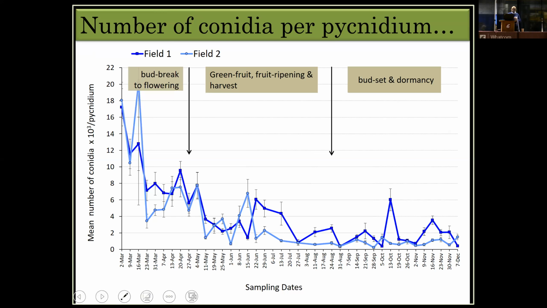You only see a few conidia in each Pycnidium. That indicates that most of the infection is taking place during bud break and flowering time. Then in the summer, you don't see very many conidia. They are almost flat. So it indicates the critical time of infection is very early in the season.